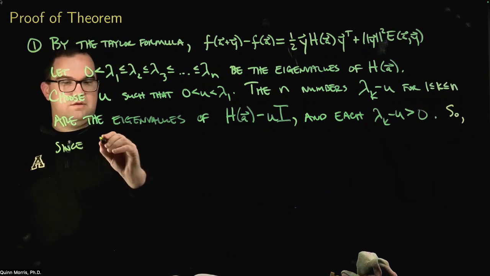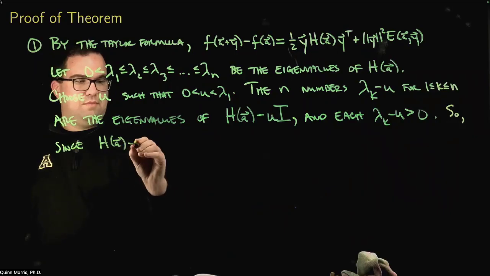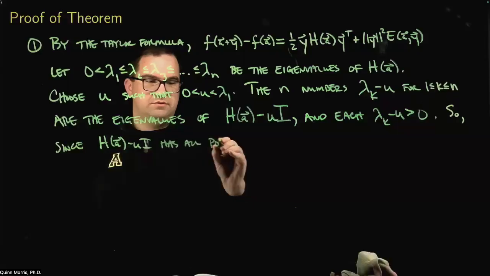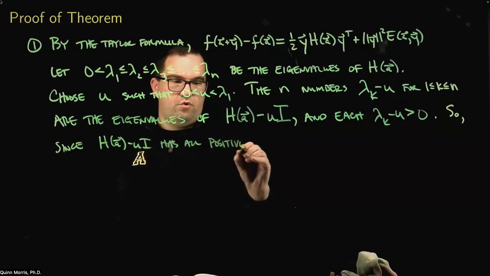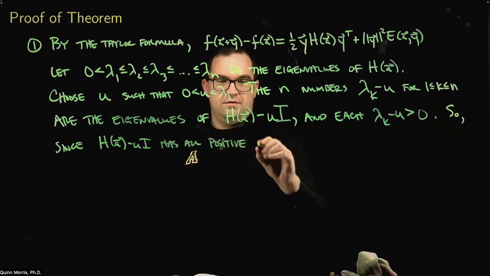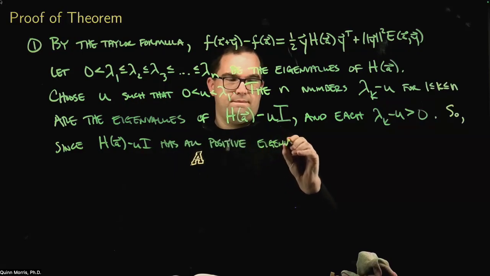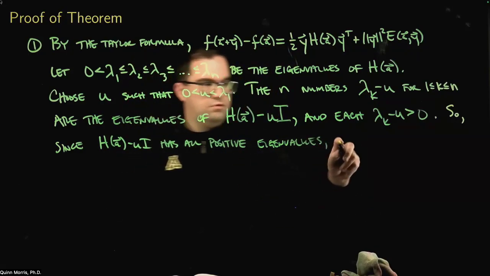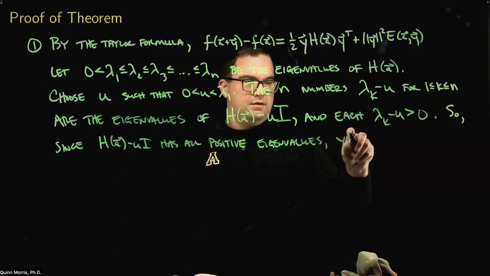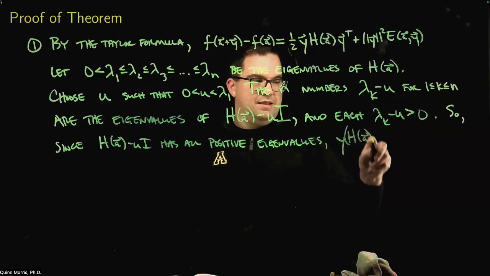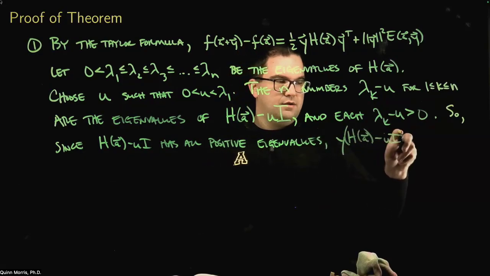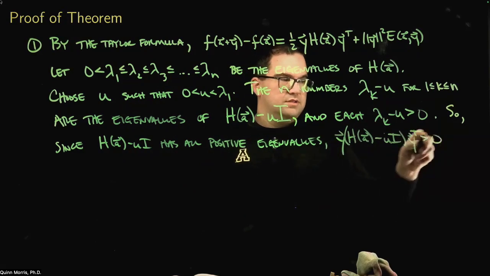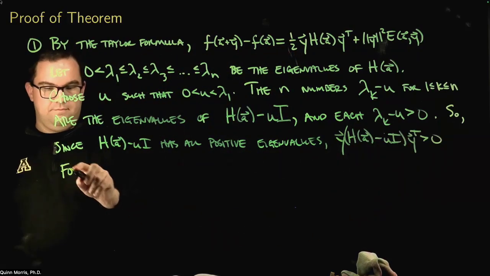So since h of a minus uI has all positive eigenvalues, the quadratic form associated with that is positive. So we must have y of h of a minus uI times y transpose is greater than 0 for all non-zero y.